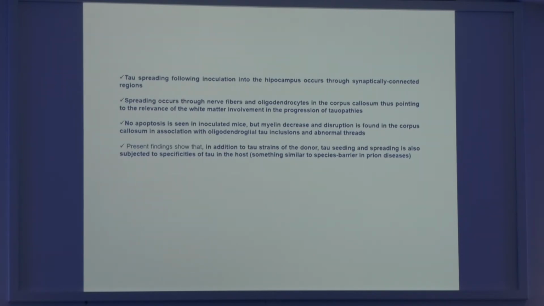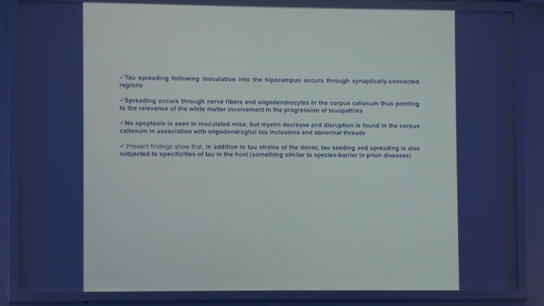And we see that in addition to different strains of tau from donors, what happens with the tau in the host is also very important. In some way it resembles what has been reported previously regarding prion diseases.